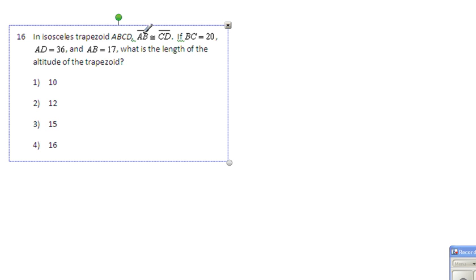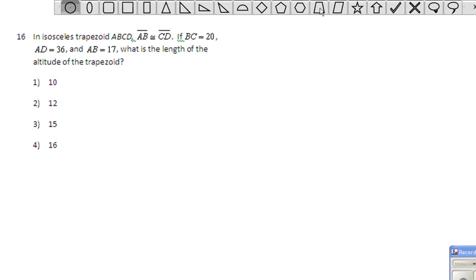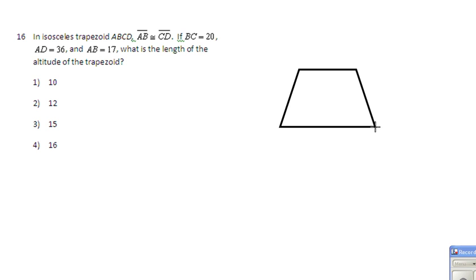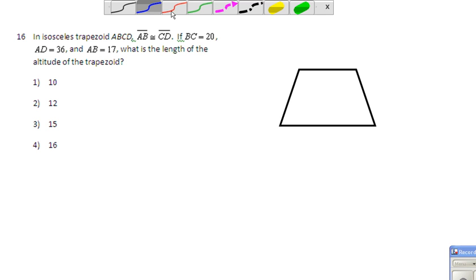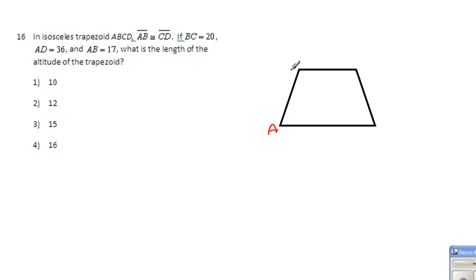Now, in an isosceles trapezoid, AB is congruent to CD. If you have to draw a diagram based upon that, it would be something like this, where we have AB congruent to CD, so why don't I call this one A, B, C, D. These are congruent to each other, and BC is equal to 20, and AD is equal to 36.